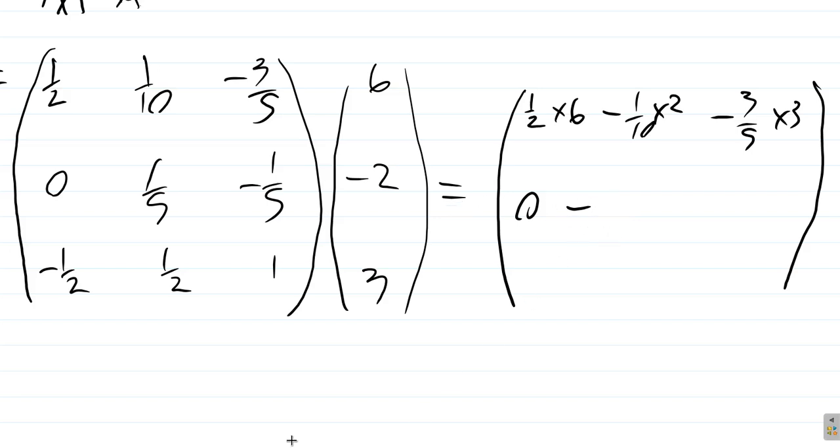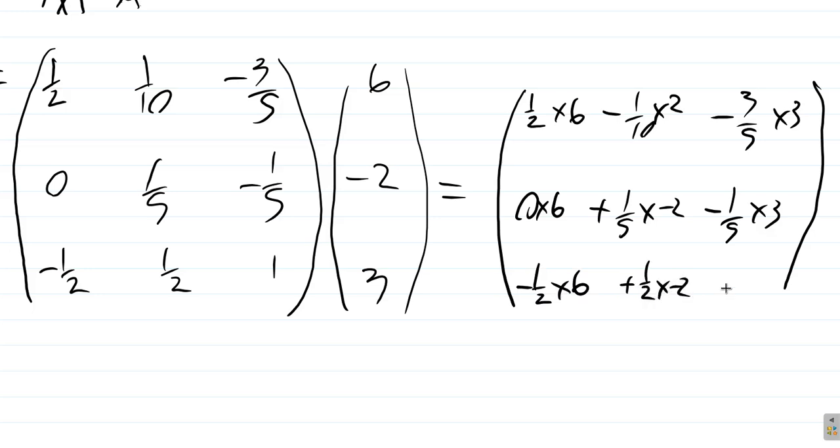Continuing the way we were doing it, 0 by 6 plus 1/5 by negative 2 minus 1/5 by 3. Then negative half by 6 plus half by negative 2 plus 1 by 3.